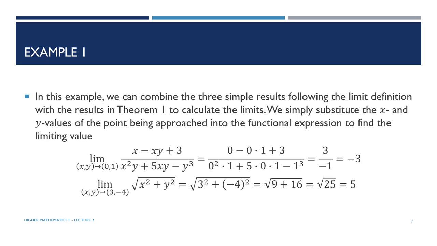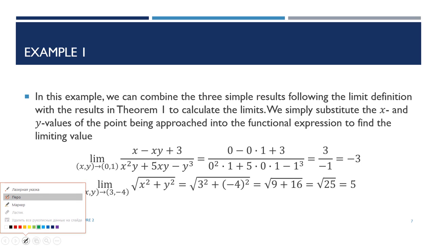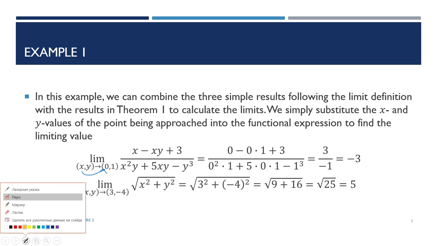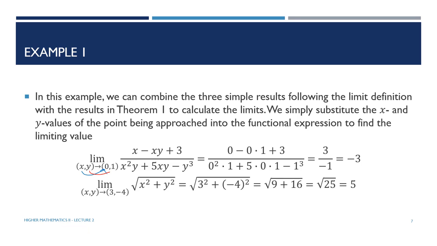So in this case, it says first we have to calculate the limit as xy tends to 0 and 1, and the function is x minus xy plus 3 over x squared y plus 5xy minus y cubed. This says to write 0 instead of x and 1 instead of y.